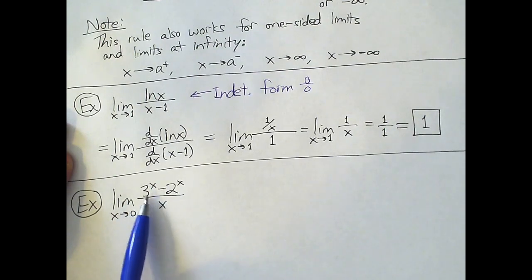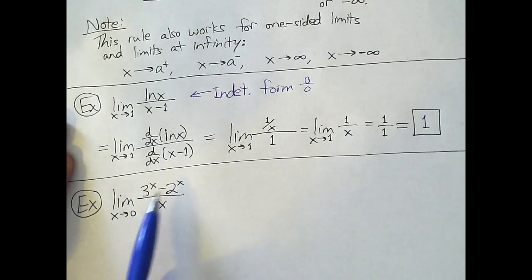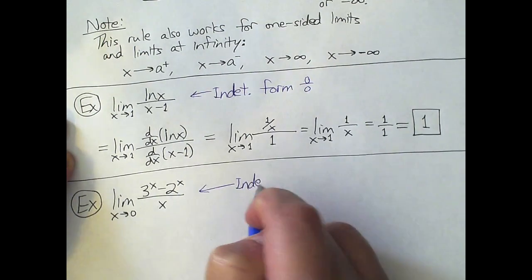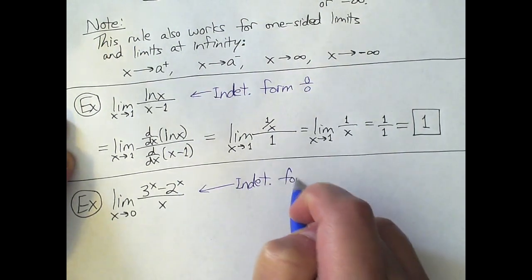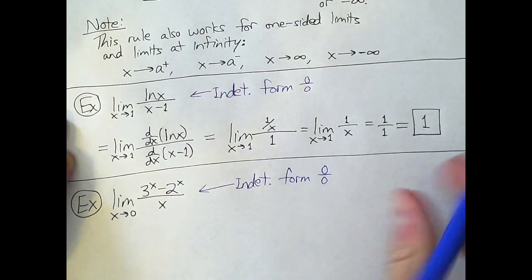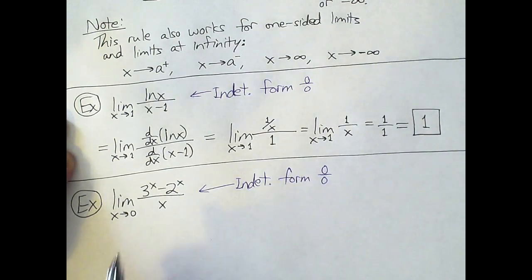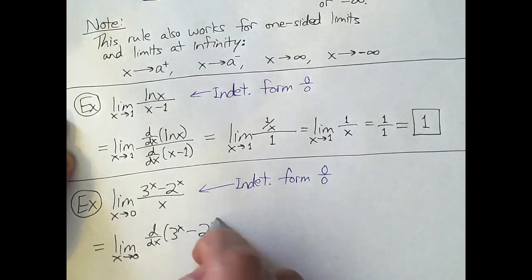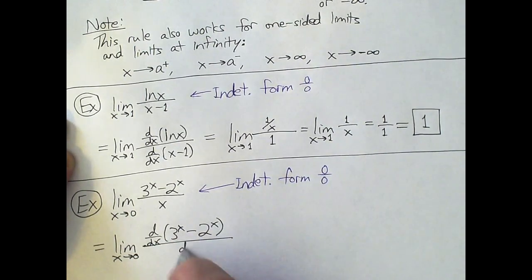The top goes to 3 to the 0 minus 2 to the 0. Well, that would be 1 minus 1. So yes, this is an indeterminate form of the type 0 over 0. So L'Hopital's rule does apply, meaning this equals the limit of d dx of the top over d dx of the bottom.